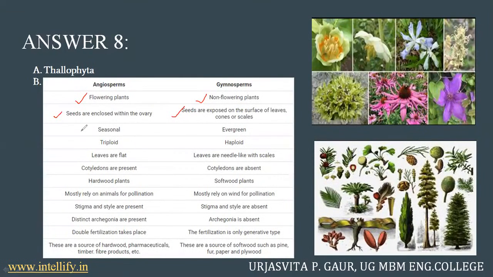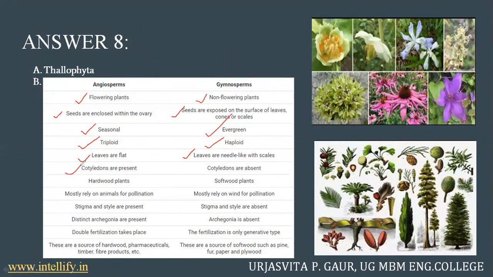Angiosperms are seasonal, whereas gymnosperms are evergreen. Then you have angiosperms which have triploid, whereas gymnosperms have haploid. And then your leaves are flat in angiosperms, whereas the leaves are like needles with scales in gymnosperms.